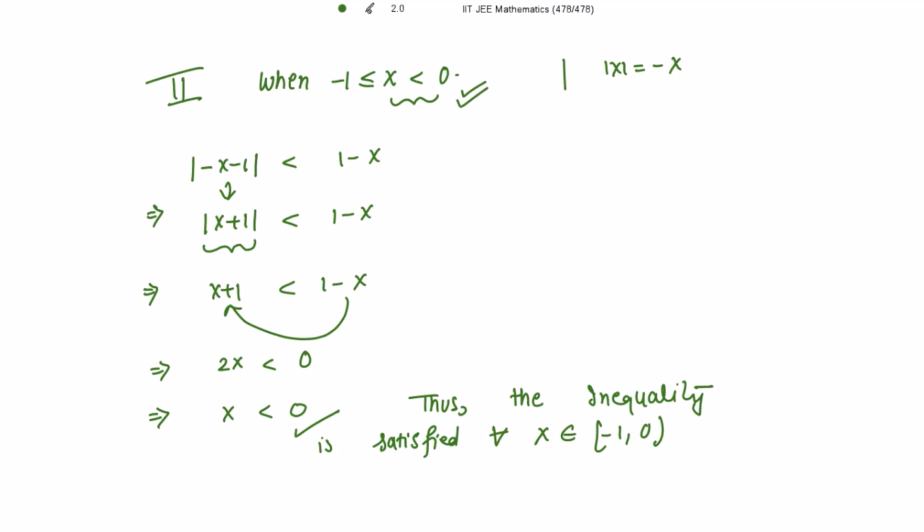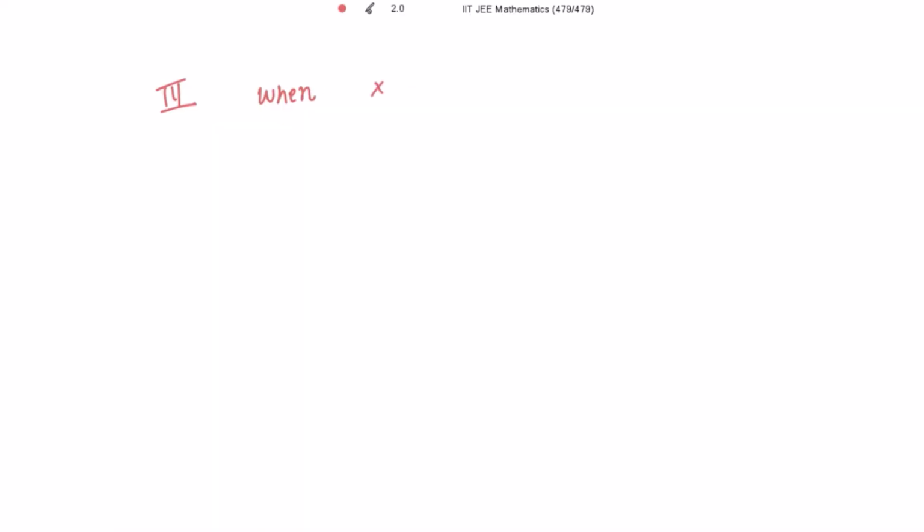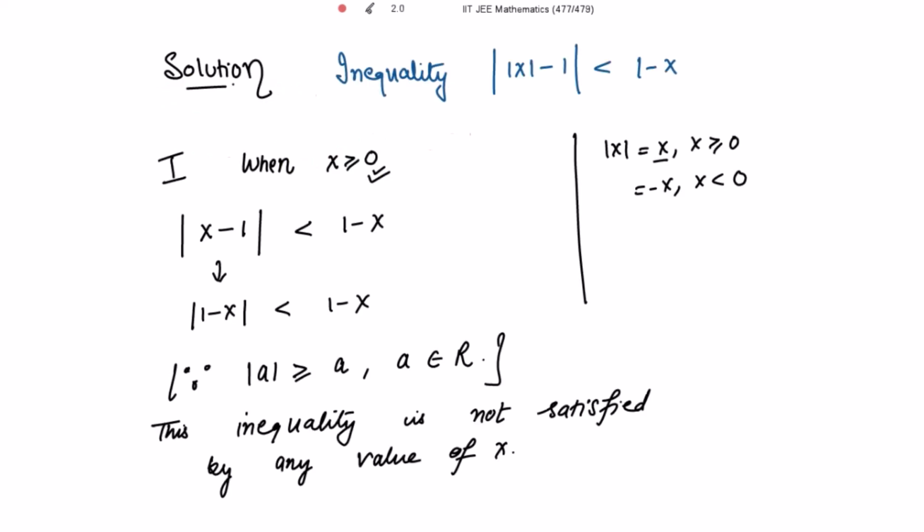Next, third case, when x is strictly less than -1. So the inequality becomes, now from the left hand side, because x is strictly less than -1, that means x is taking negative values, and for negative values we always take mod of x to be -x, right? So the left hand side becomes mod of -x minus 1, right?